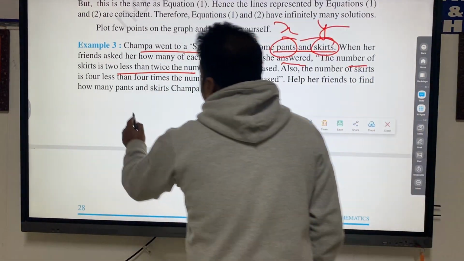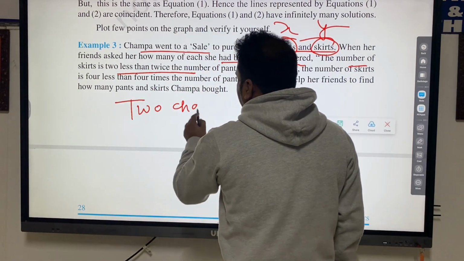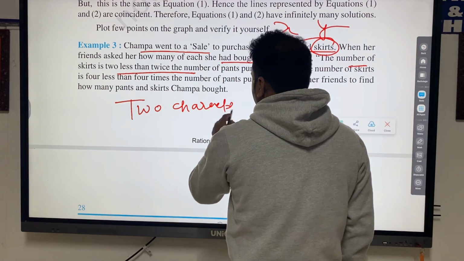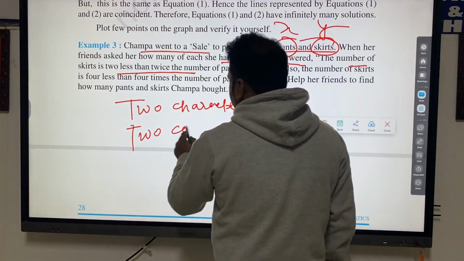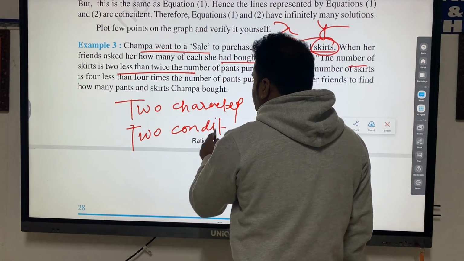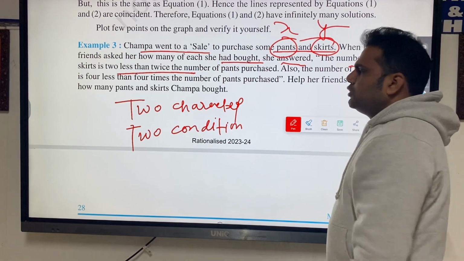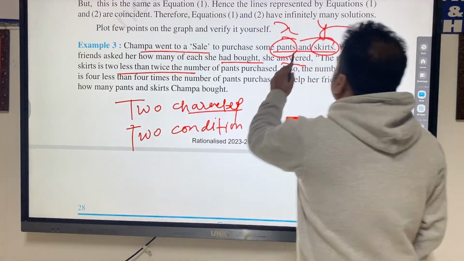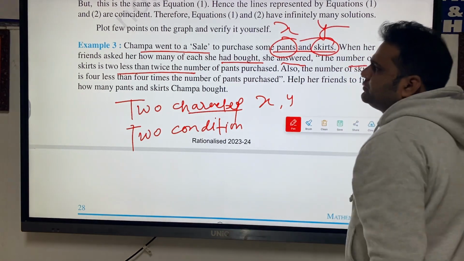So always try to find two characters, okay, and two conditions. And with the help of these two characters and two conditions, you can frame the equations.